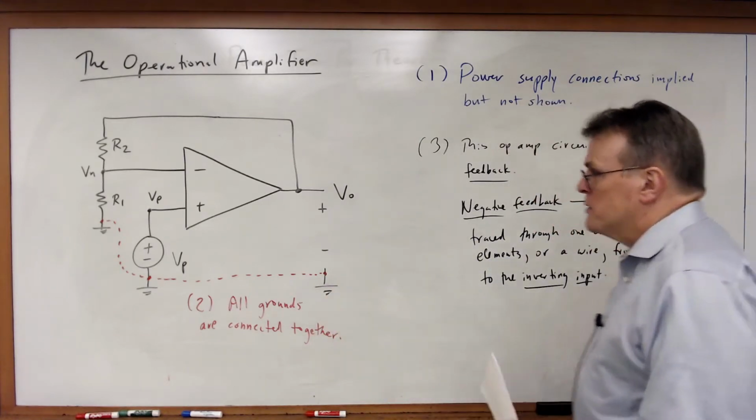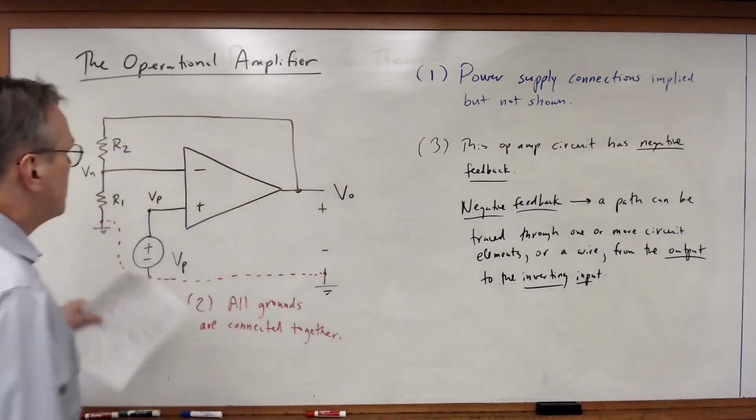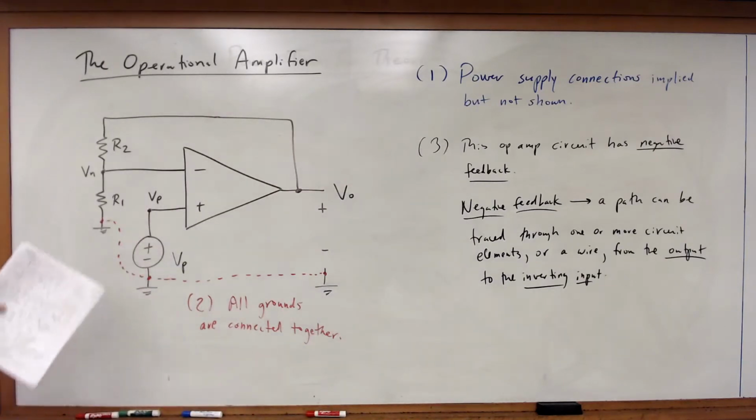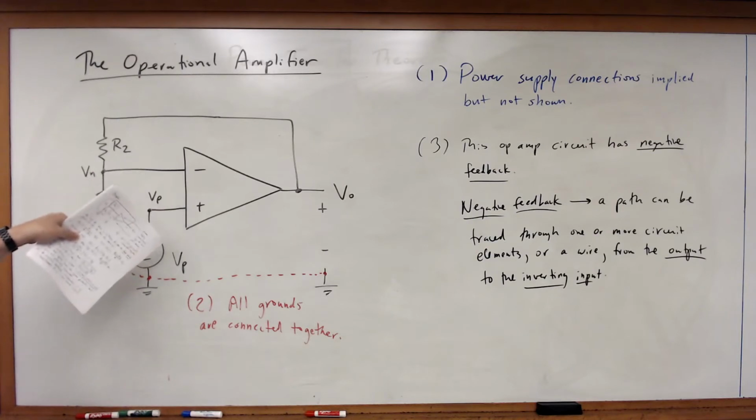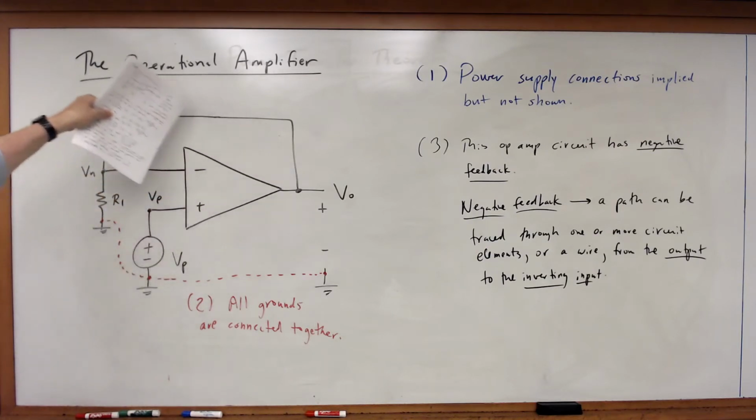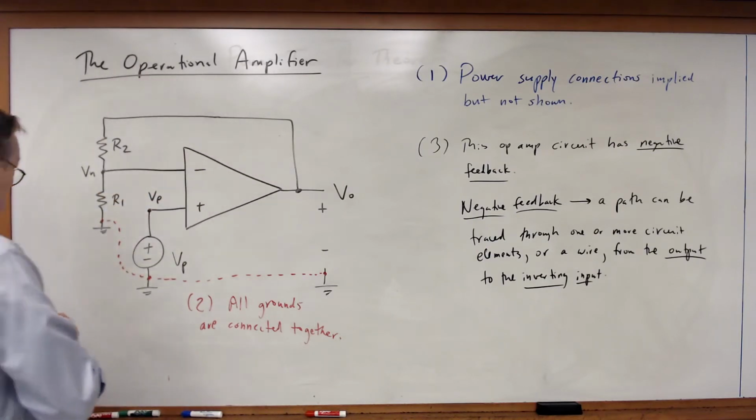Okay? So let's analyze this circuit. You note I've got an input source here, VP, feeding into the non-inverting input. What we have here is really just a voltage divider.